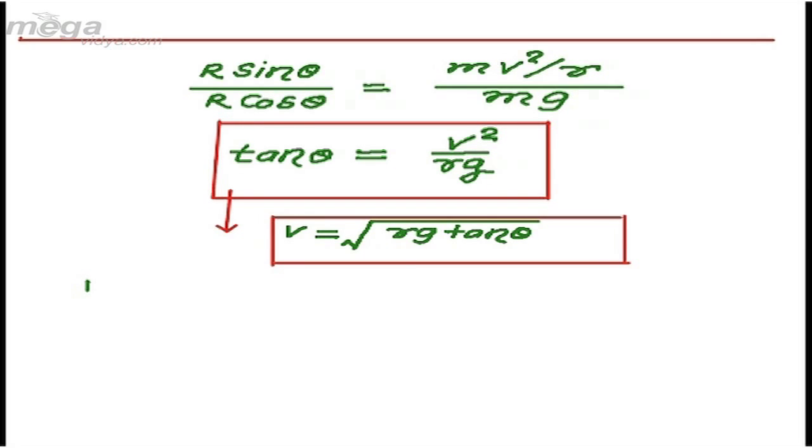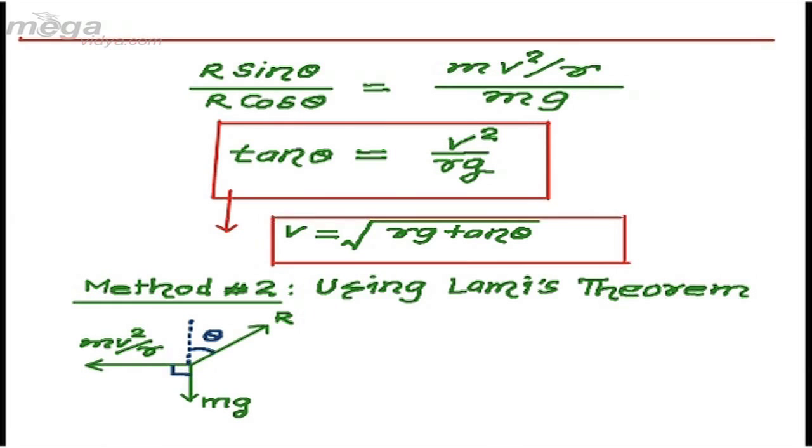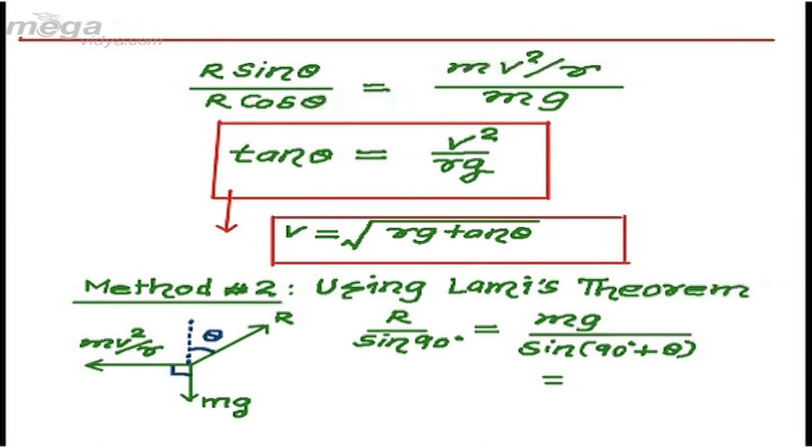Though the same result, this second method involves the use of Lami's theorem. So I can write it in this way: R upon sin 90 degree equals mg upon sin of 90 plus theta equals mv square upon r upon sin of 180 minus theta.